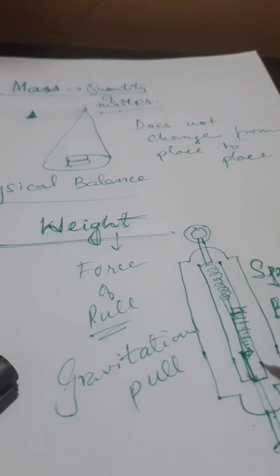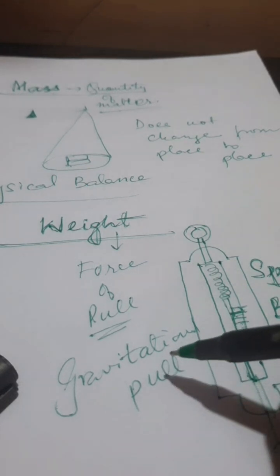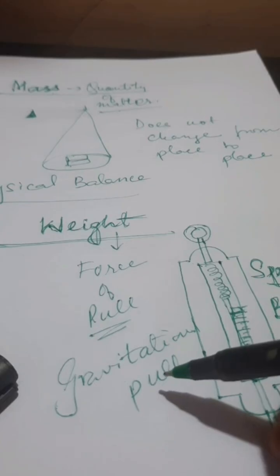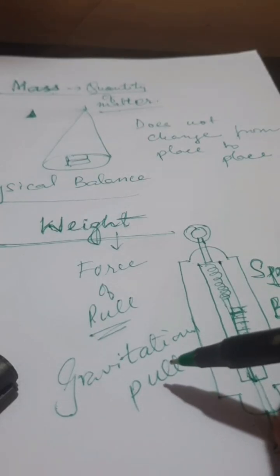It's well known to everybody that each and every planet has a different kind of pull on different kinds of objects.